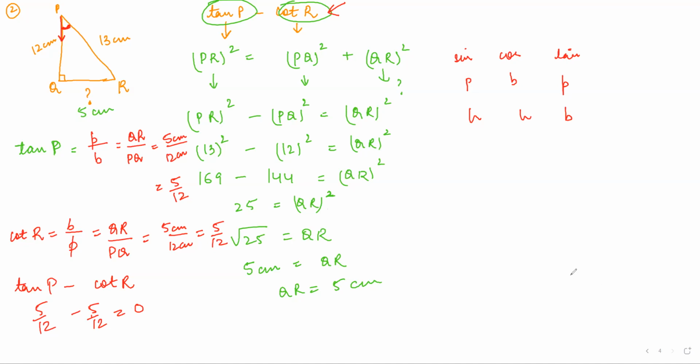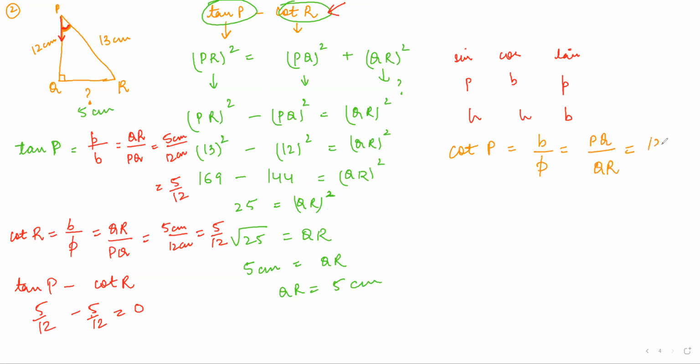Ma'am, I have a doubt. Sure. If it was cot for P, it would have been 12 by 5, right? Yes, let us find out cot of P here. It is base upon perpendicular, right? Now you take angle P. So base is PQ and perpendicular is QR.